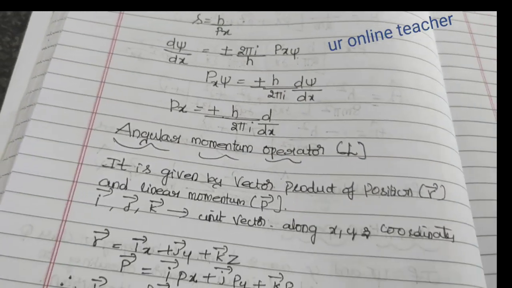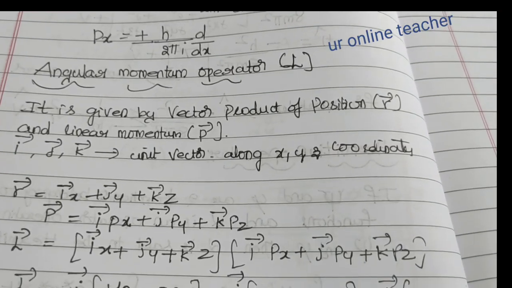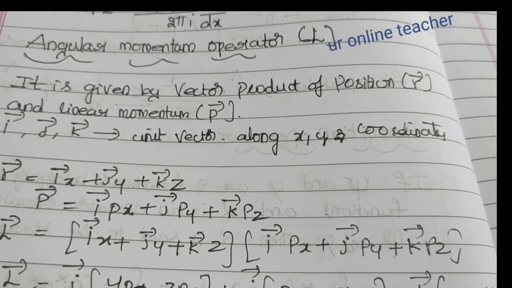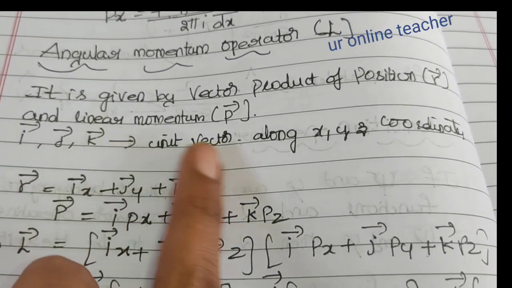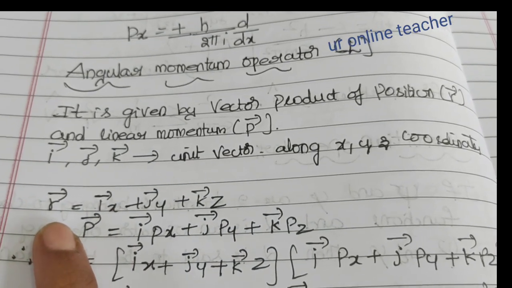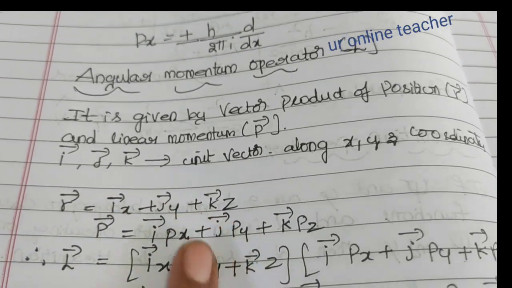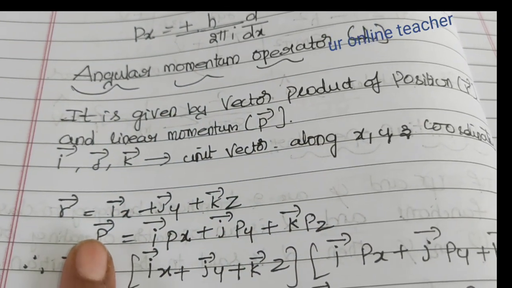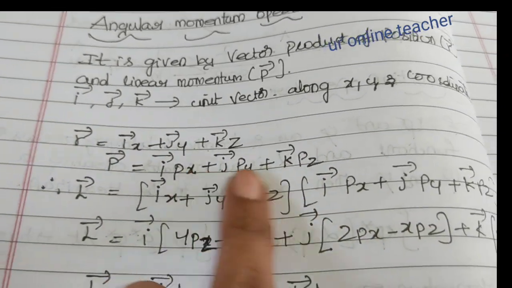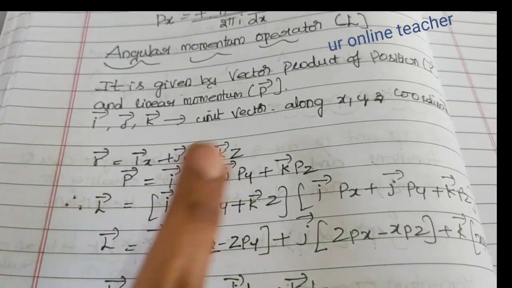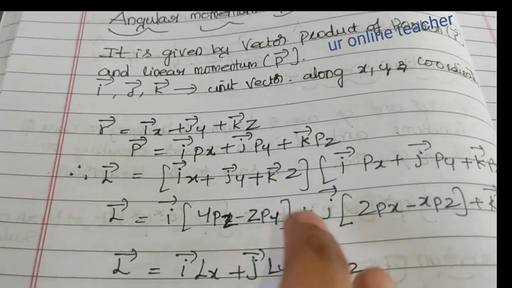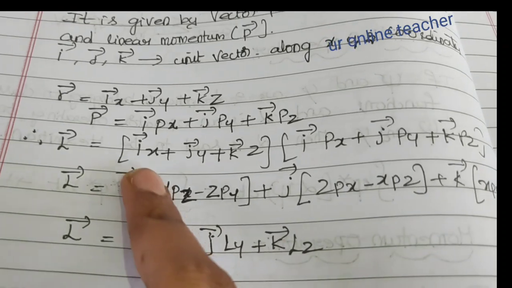Then angular momentum L is given by the vector product of position R and linear momentum P. If i, j, k are the unit vectors along the x, y, z coordinates, then the position R is equal to i x plus j y plus k z, and the linear momentum is P equal to i p_x plus j p_y plus k p_z. Angular momentum is the product of position and linear momentum, R cross P. So we multiplied these two, and here we took i, j, k as common.